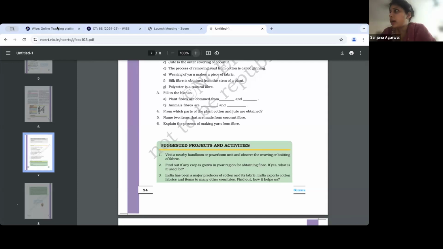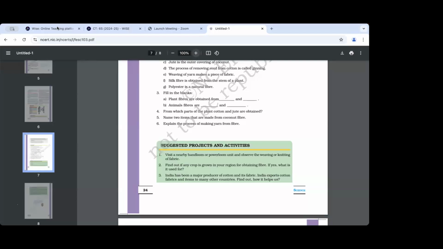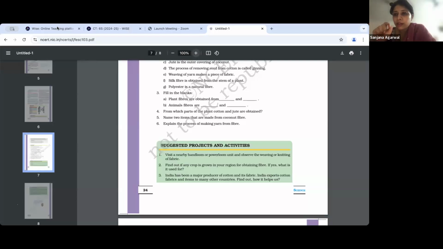Suppose you have a torn hanky, you pull a thread out of it.